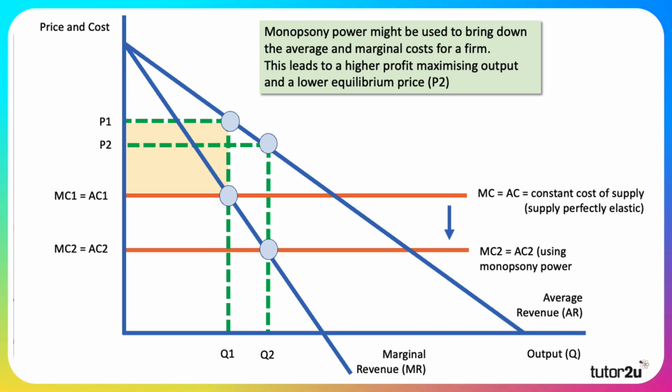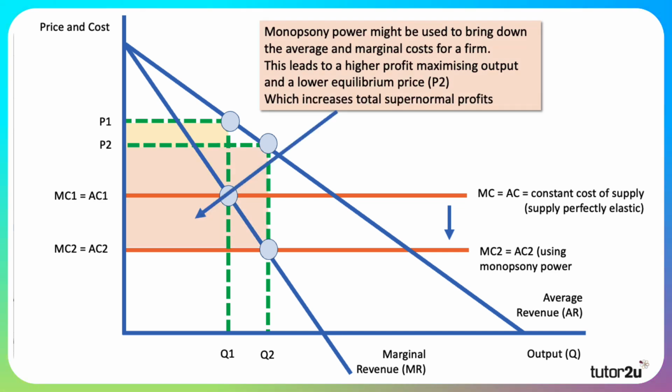As a result, the monopsony is able to increase their output and bring the price down from P1 to P2, and as a result this leads to a higher profit maximising output, lower price, and increases total supernormal profits. So this diagram is a superb one to use if you want to show the analysis of what might happen with monopsony. Higher profits even though they're charging lower prices.